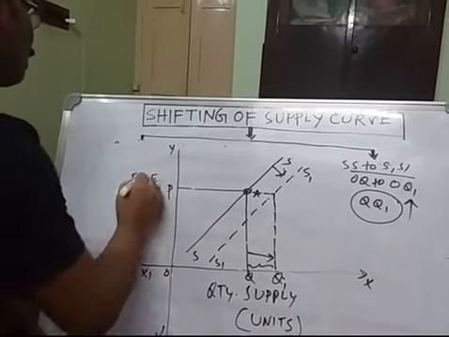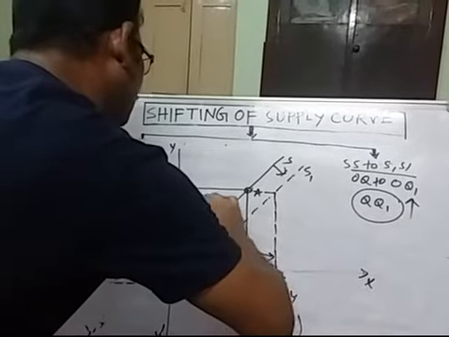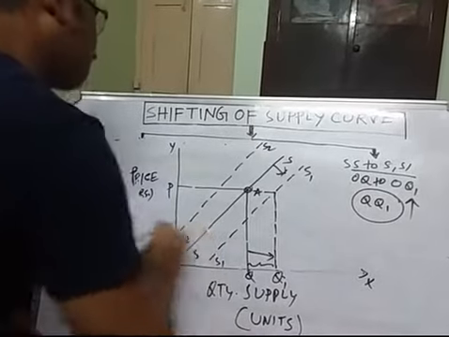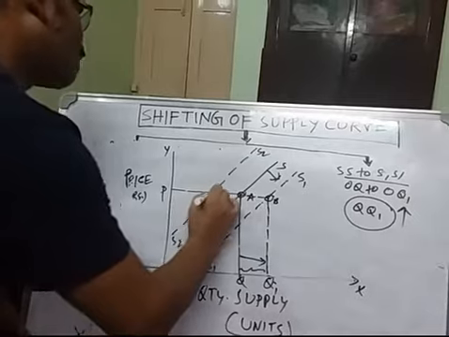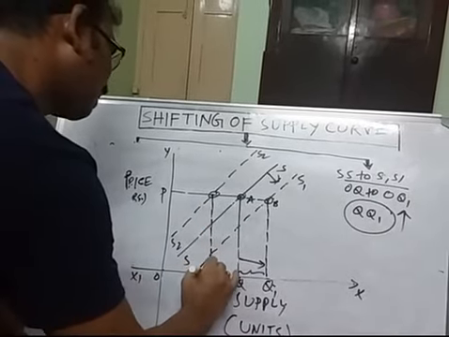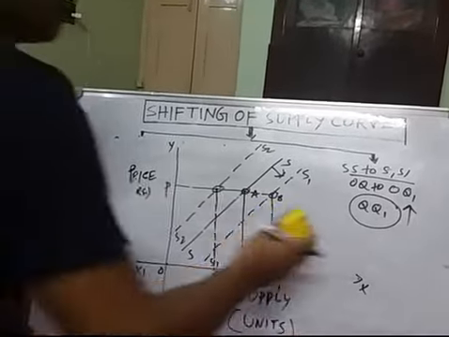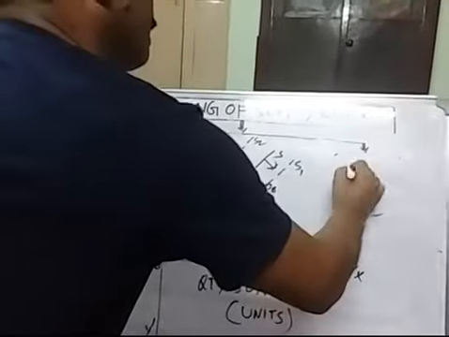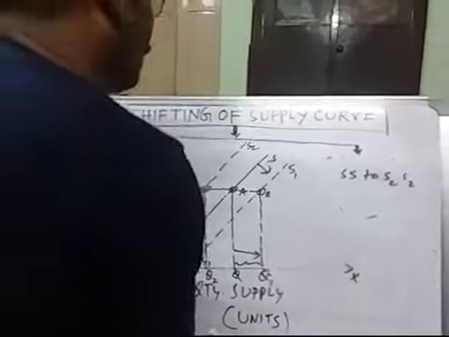Now see, when the supply curve shifts to the left side, then a new supply curve arises, S2. When the new supply curve S2 arises, the quantity supply reduced from OQ to OQ2. When the SS curve shifts to S2, what is happening?